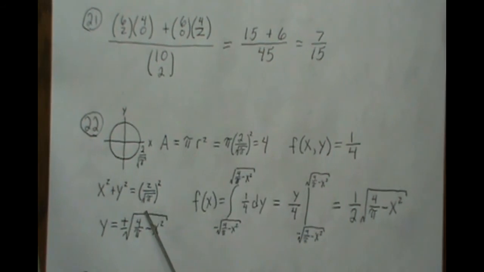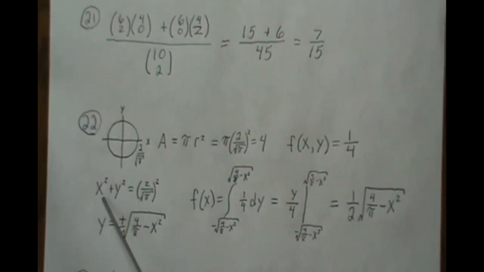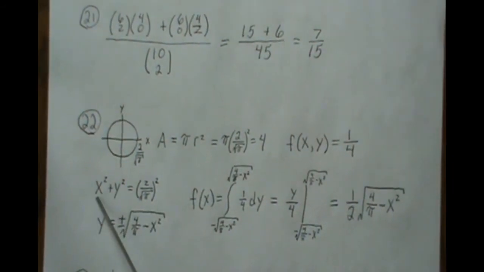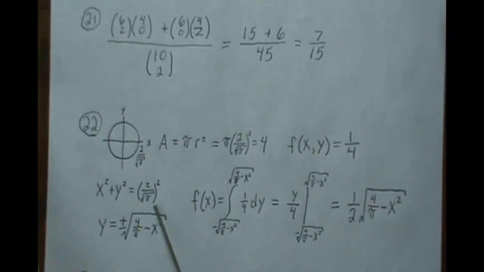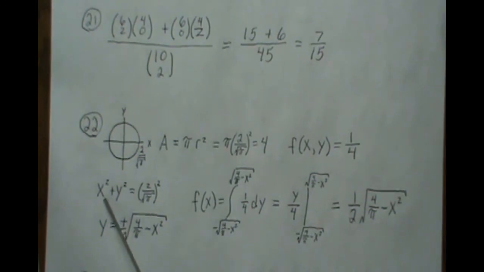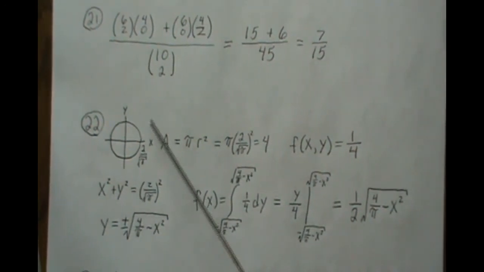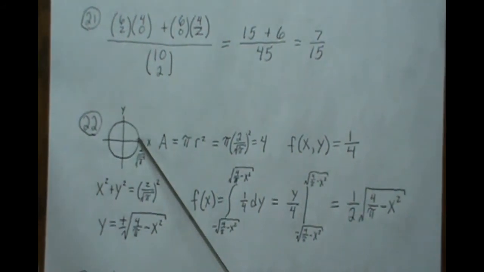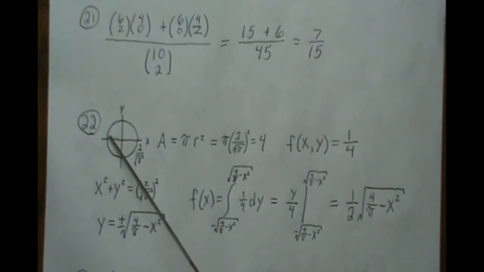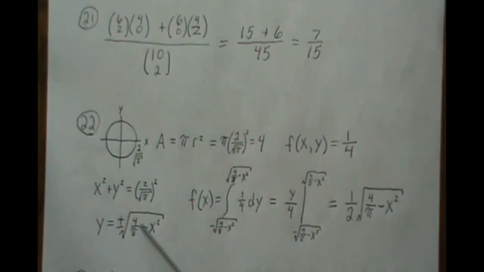And now, this is the formula for a circle centered at 0, so 0, 0, and that's the radius. So if we solve for y, we take the x squared over plus or minus square root, and what that does is it gives us that function, that's the plus, and then the minus is that function.